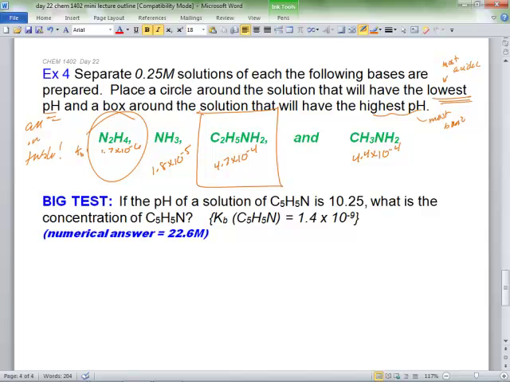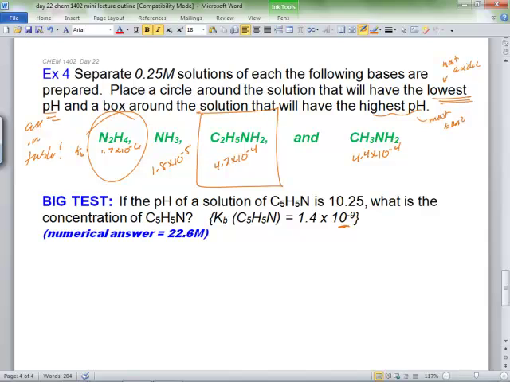The numerical answer is given. One thing's kind of curious. I don't know if you noticed this, but it kind of follows with the last example.